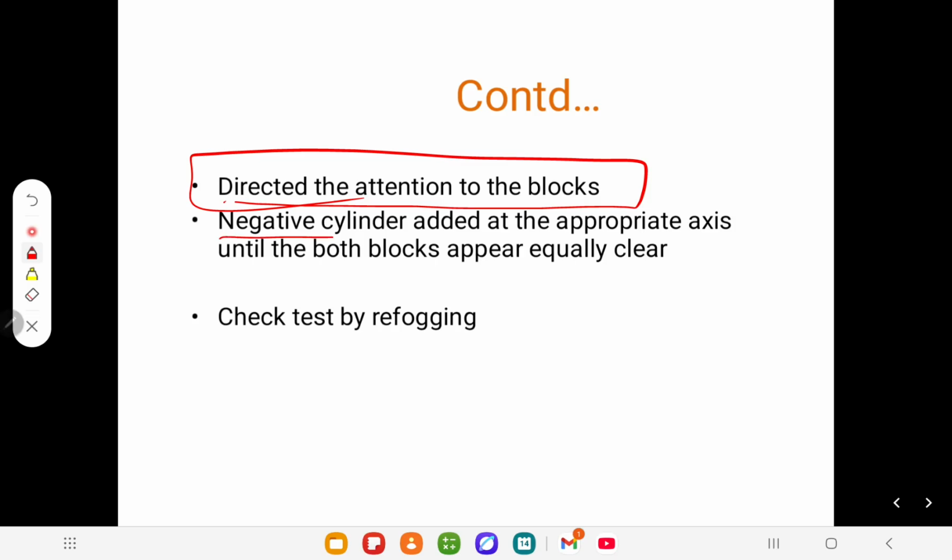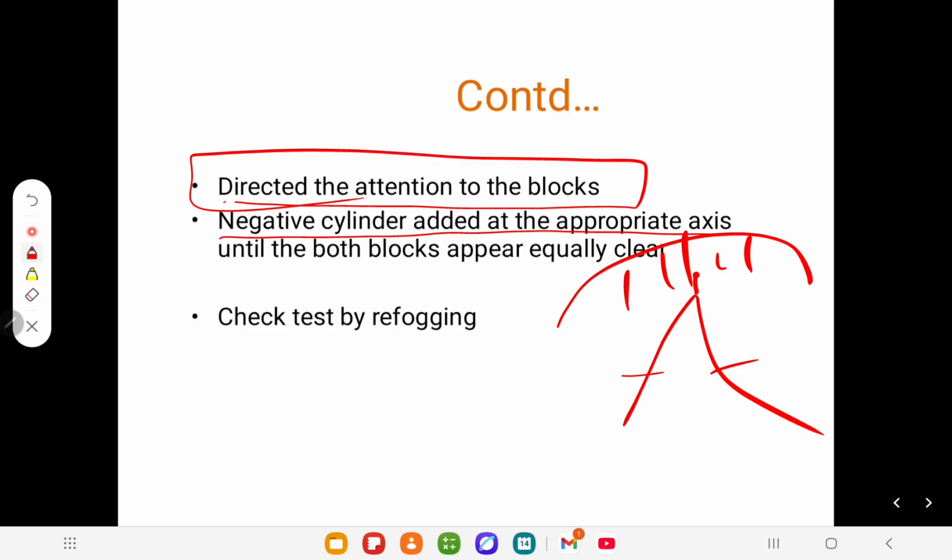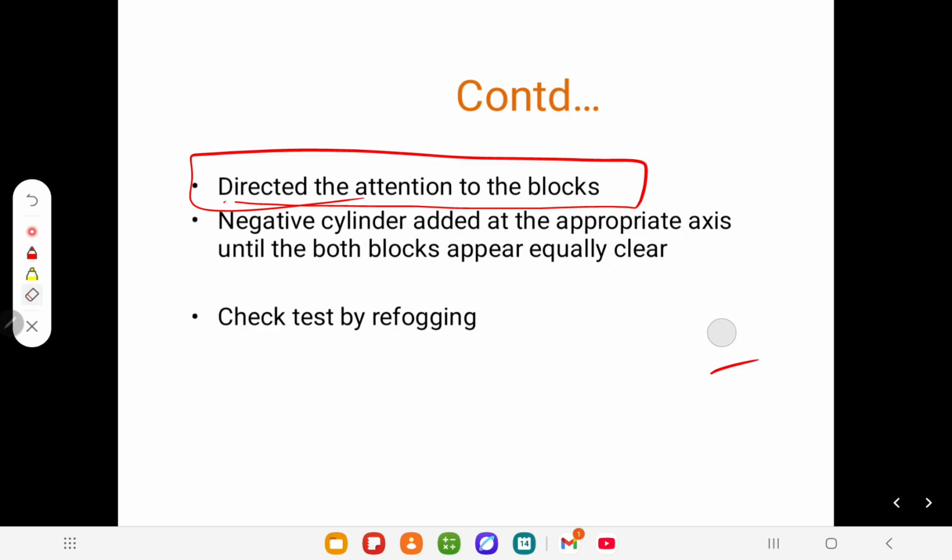Okay. Negative cylinder is added at the appropriate axis, the axis given by the V where both limbs are clear, and this points out the blocks. Then the block at a certain block number, certain degree, is the correct axis. So negative cylinder is added at the appropriate axis until both blocks appear clear.